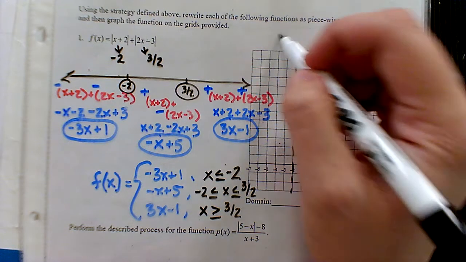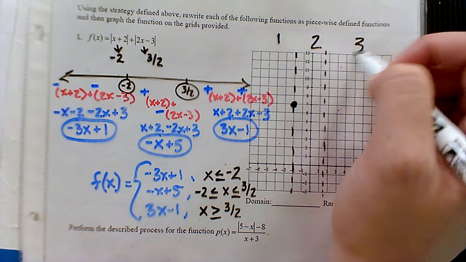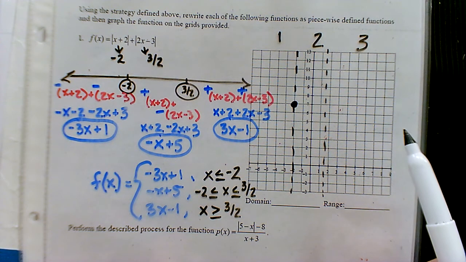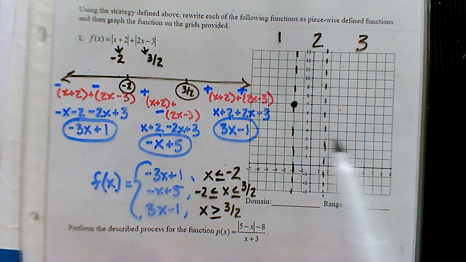How can we get another point to help us graph this line? Just choose another number in the first section. Let's do that, okay? You could pick any other number you want in this first section over here.